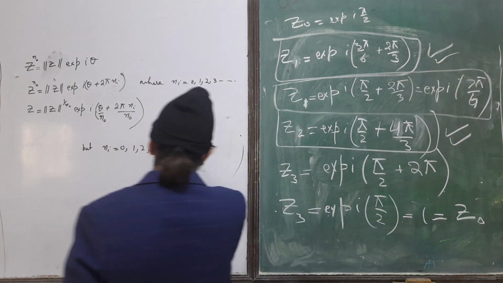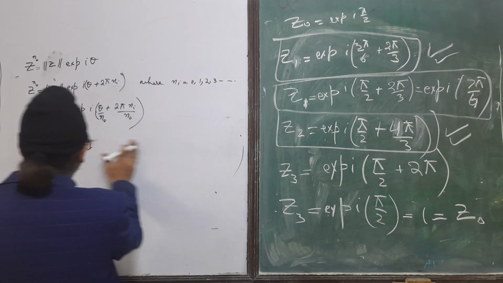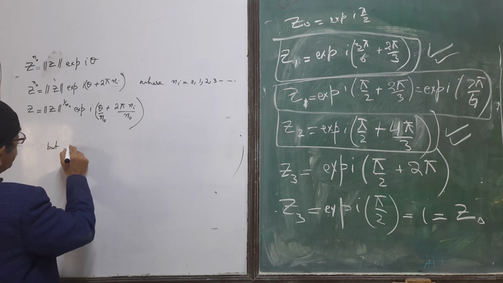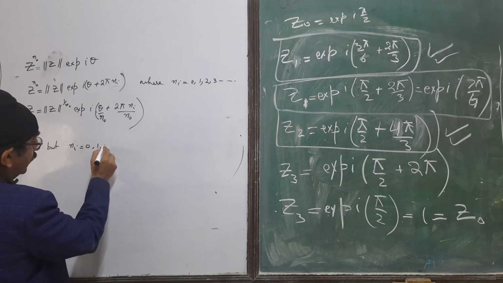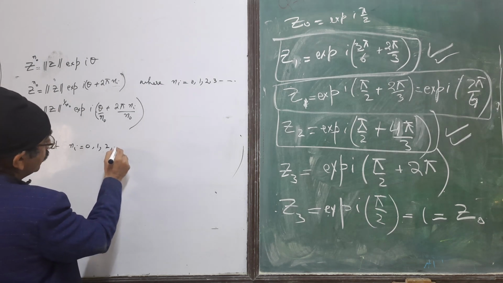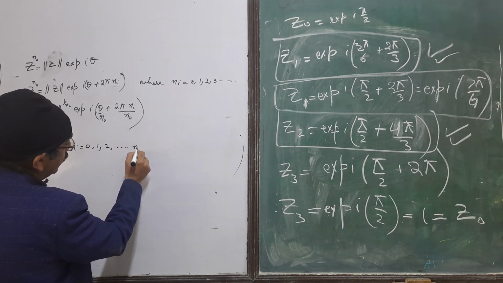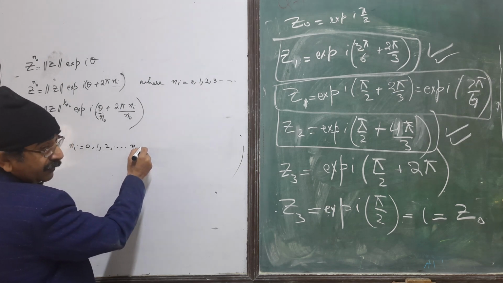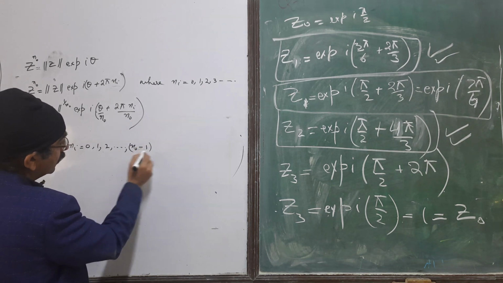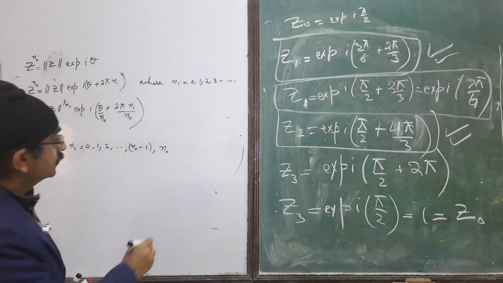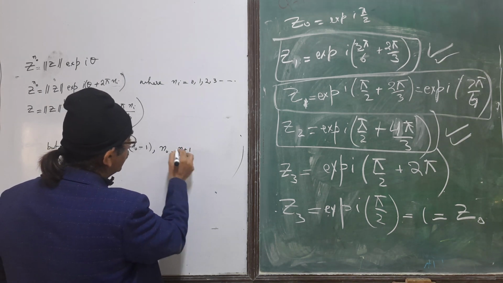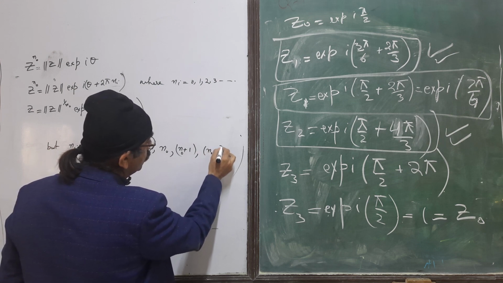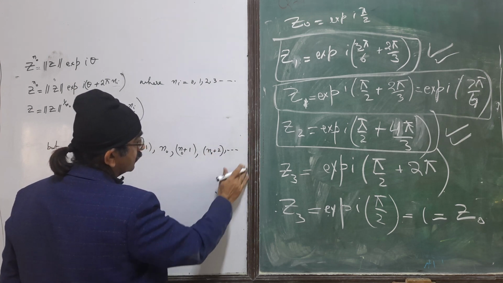You may say it like this, but ni is 0, 1, 2, n naught minus 1, n naught, n naught plus 1, n naught plus 2, and so on up till infinity.